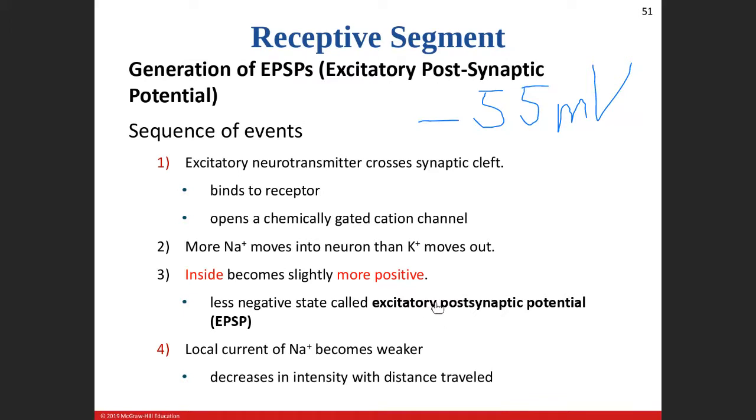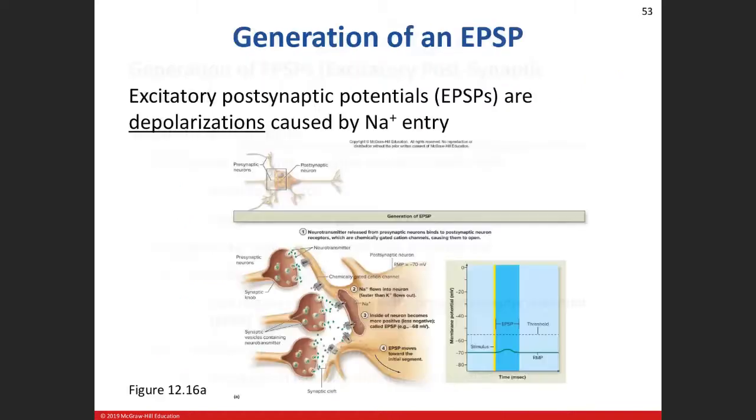But unfortunately, when this occurs, it experiences our little potential guy here, our EPSP. Again, its goal is to move towards the initial segment. That's where it's going. It's got a job to do.